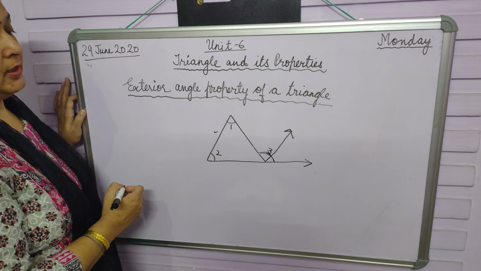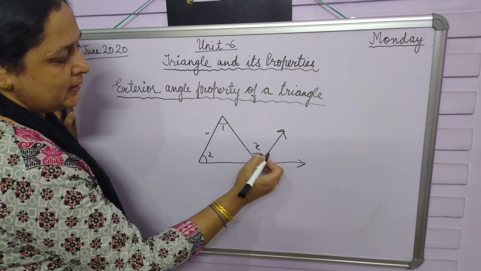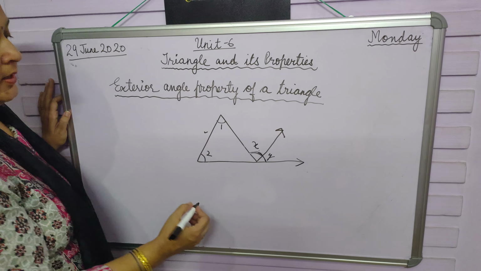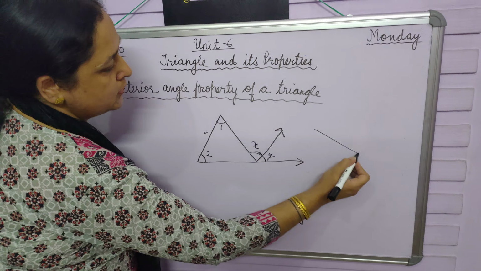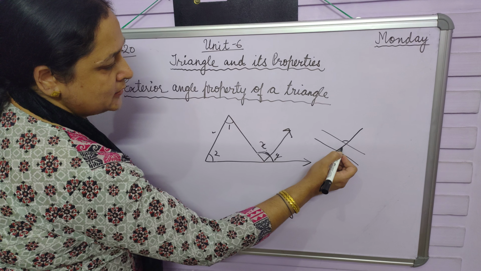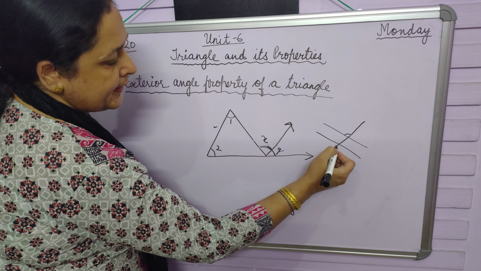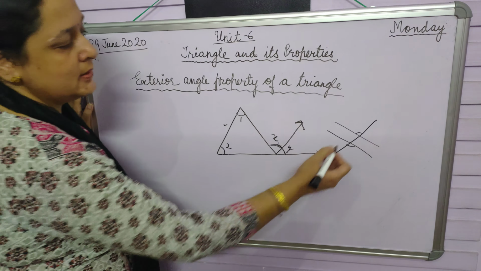Now let me say this is angle X and this is angle Y. Now whenever 2 parallel lines are intersected by transversal, then what types of angles are these? These are alternate exterior and these are alternate interior angles. So these are alternate angles and these are equal because lines are parallel. So we can write that angle 1 is equal to angle X.